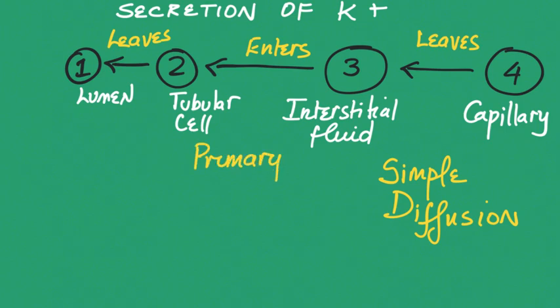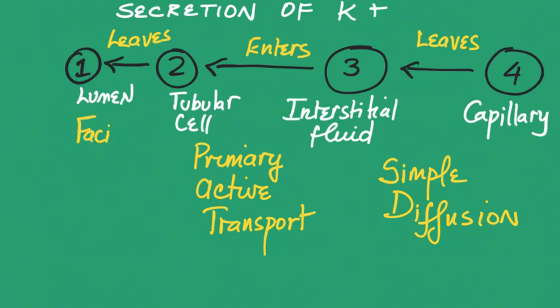If you remember, sodium was pumped out of the tubular cell via primary active transport. There's a sodium-potassium pump here, so the potassium is pumped into the tubular cell. Then potassium leaves the tubular cell via facilitated diffusion to enter the lumen. Once it enters the lumen, it leaves out as urine.